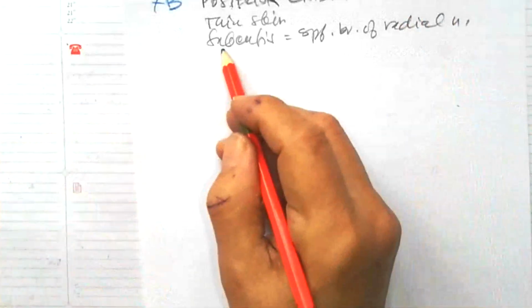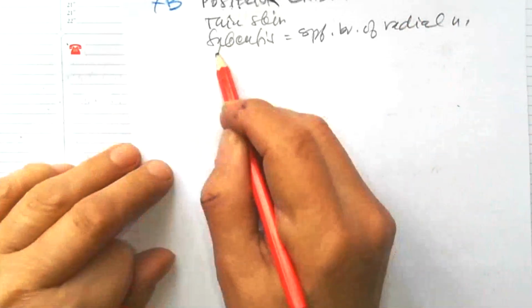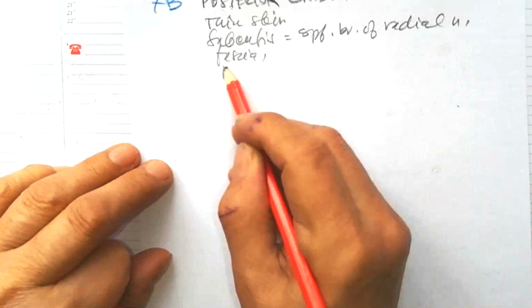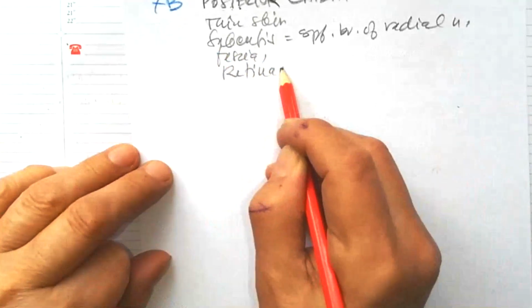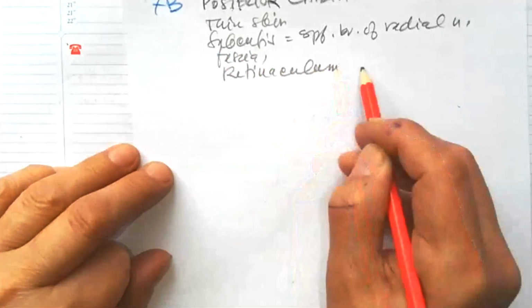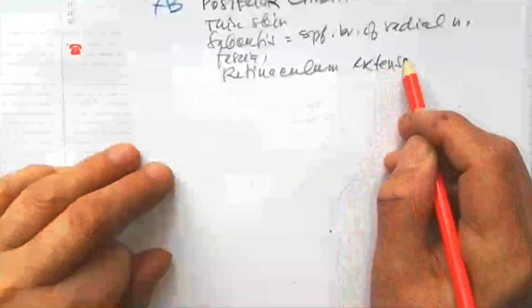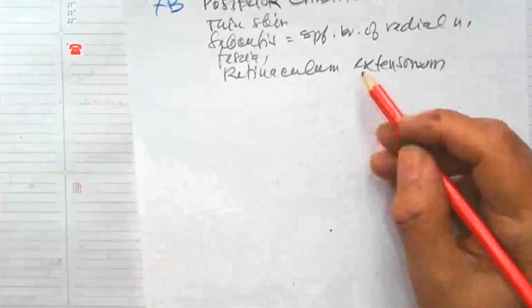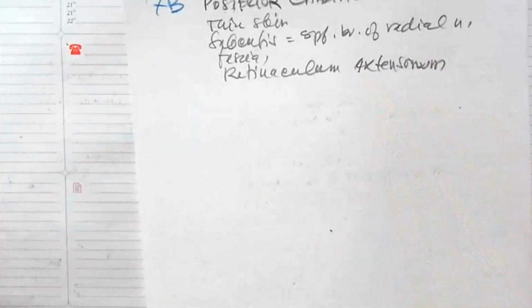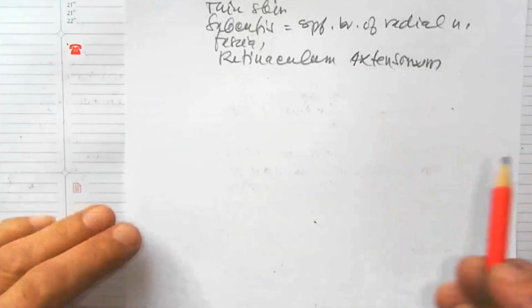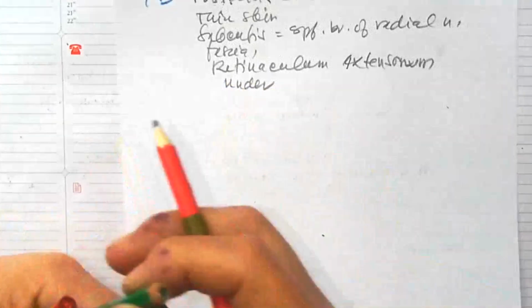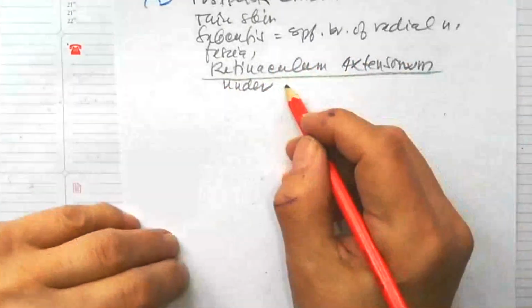Then follows the fascia and the retinaculum extensorum. The retinaculum is a thickened portion of the fascia. This is the same as on the ventral side. And under the retinaculum extensorum also run the tendons, the same as on the ventral side.